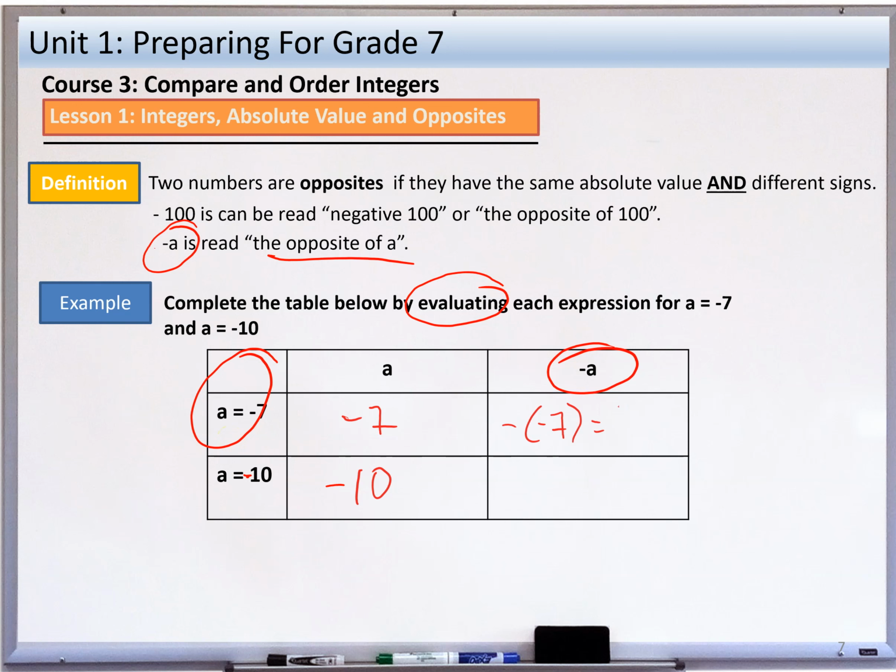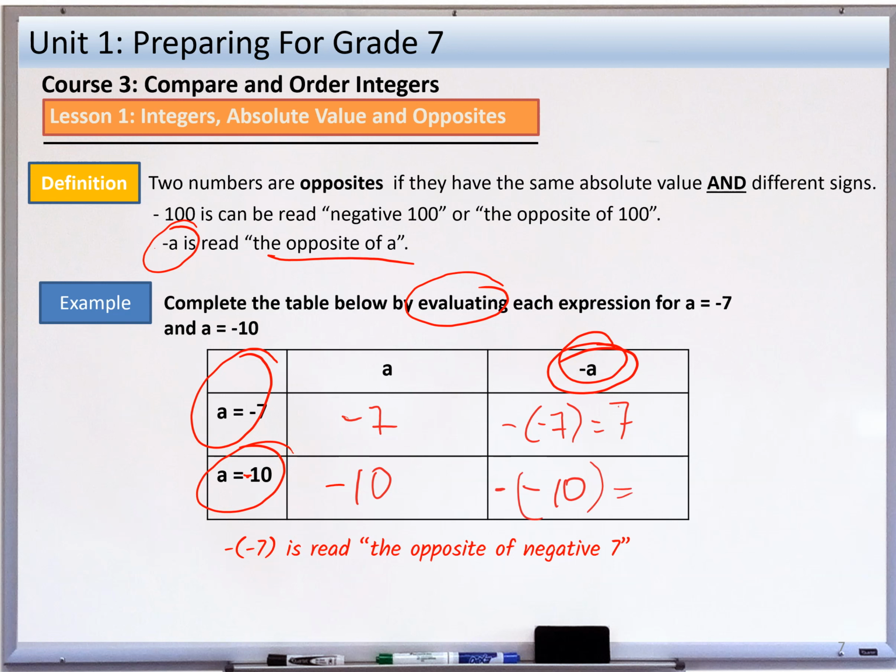Well, the opposite of negative 7 is 7. And likewise, what's the opposite of A when A is negative 10? When A is negative 10, the opposite of negative 10 is 10. Okay, so these are different ways of writing the opposite.